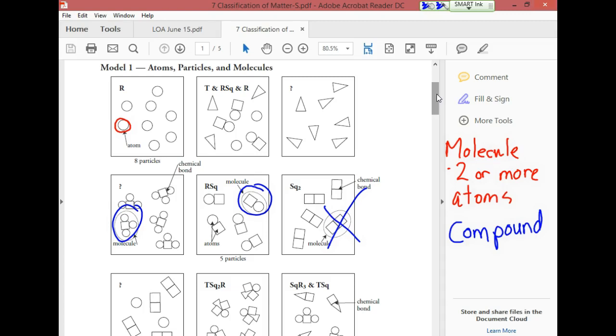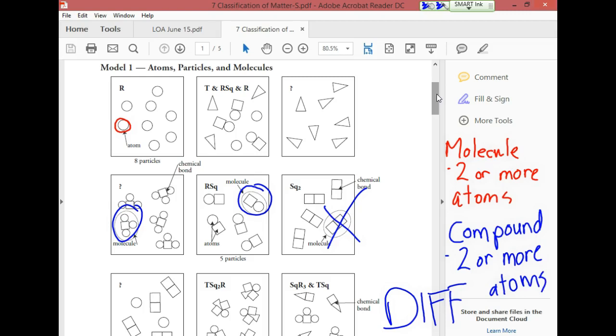Different atoms. That means that a compound must have 2 different symbols or 2 different shapes to be classified as a compound.